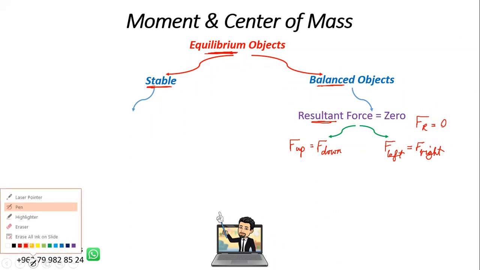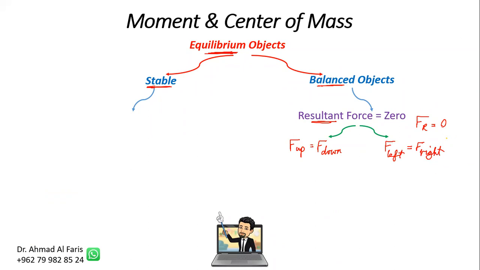These are the things we will use in the formulas, the laws in our lessons. One of the formulas of the moment lesson is this: forces up equal forces down, or forces right equal forces left. That's the first situation because it's balanced.